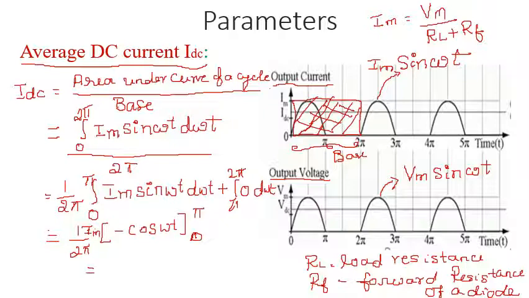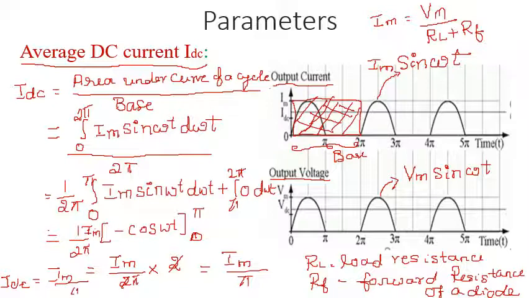So it is Im by 2 pi into 2, so the 2 cancels and this becomes Im by pi. So your IDC is equal to Im by pi.